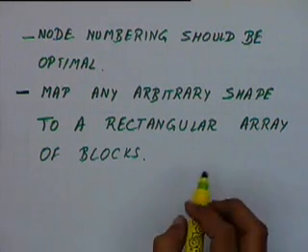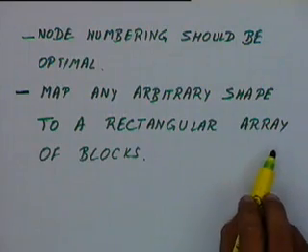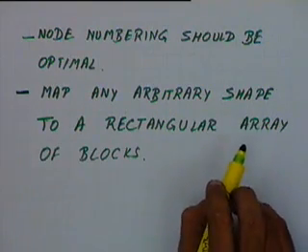So we have to map any arbitrary shape into a rectangular array of blocks. That is the first step that we have to do in any algorithm.